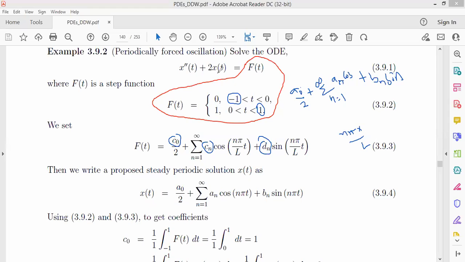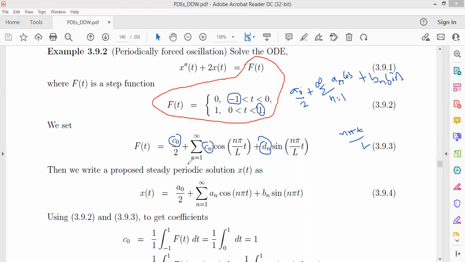But since this is in t, our x is actually t. The x now becomes a t. Remember, it is n pi t over L. That's why you can see we have cos n pi t over L and sine n pi t over L. And from this, we know the formulas of finding C naught, Cn, and Dn.